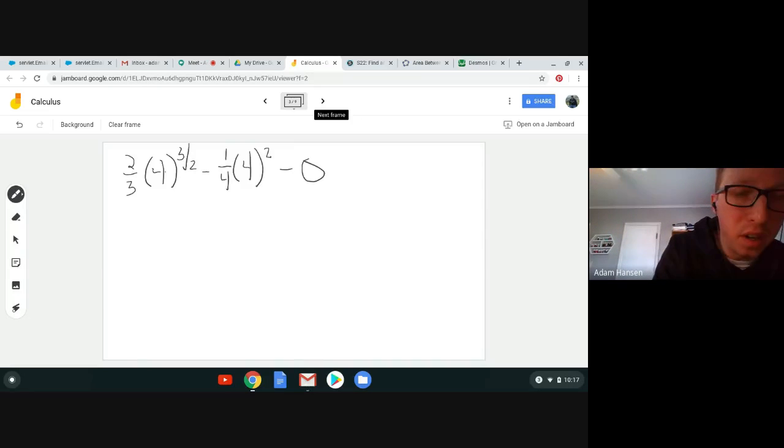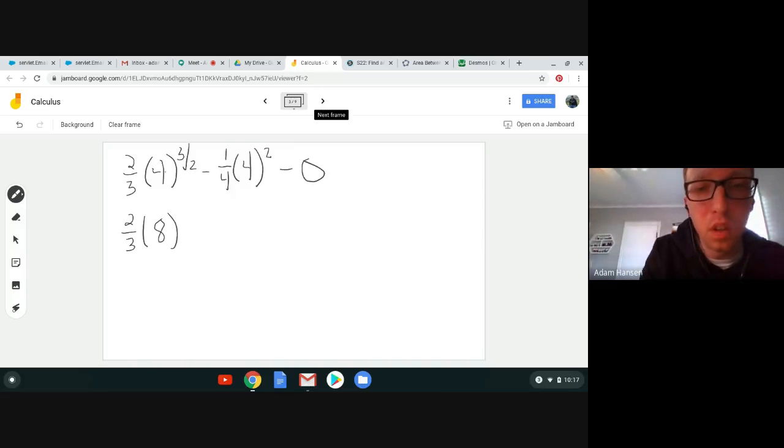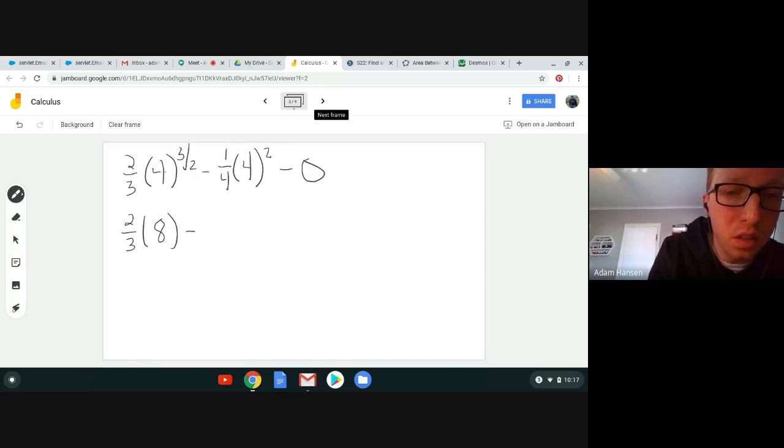So let's go ahead and start evaluating this. 2/3 times 4 to the 3/2. That's the square root of 4 to the 3rd power, which makes 8. The square root of 4 is 2. 2 to the 3rd is 8. 4 squared is 16. A quarter of that is 4.